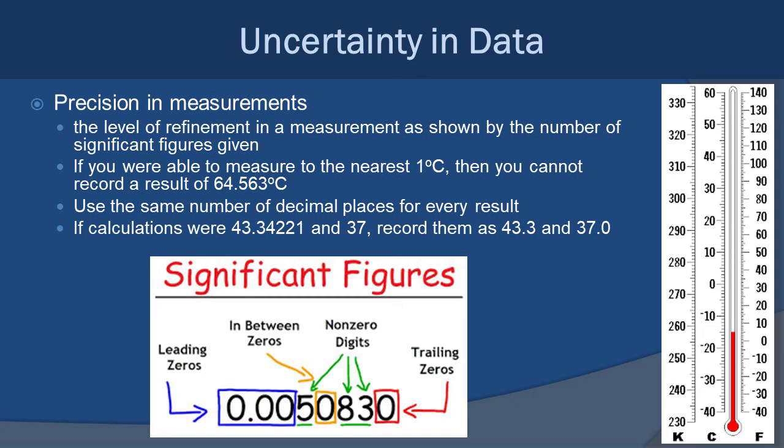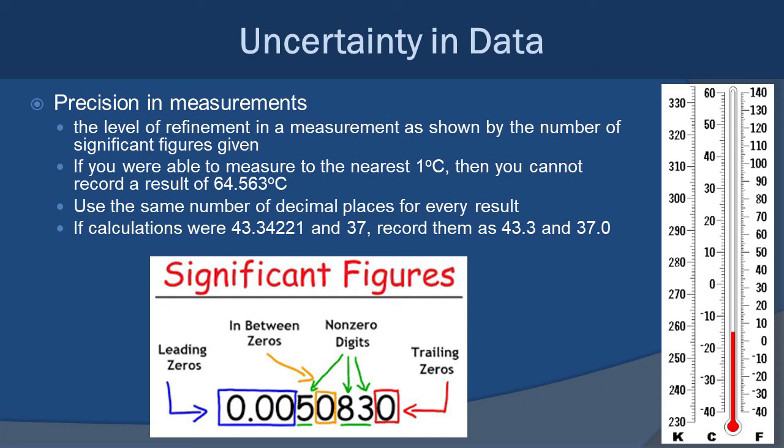Now, when we talk about precision in measurements, the level of refinement in a measurement is shown by the number of significant figures given. We should all be familiar with what significant figures are and how to work them, and there's a diagram below to remind you of the different categories of leading zeros and trailing zeros. If you're able to measure to the nearest 1 degree Celsius, then you can't record a result of 64.563 degrees Celsius, because you can't go that many digits past the decimal.